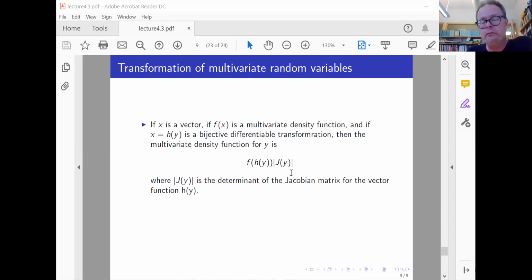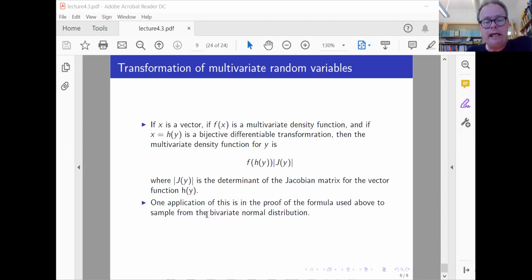If you know some multivariate analysis, you will recognize this, and you can apply it in a similar way. One application of this is in the proof of the formula used above to sample from the bivariate normal distribution, but we'll not go into this. We'll just mention that this is an important ingredient when you're going to do this for multivariate distributions. Okay, that's it for now.